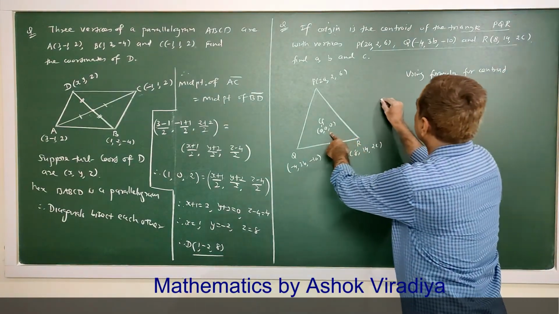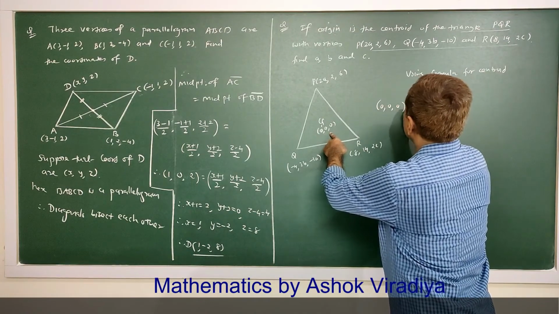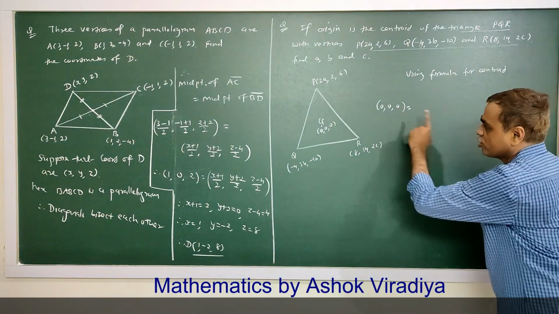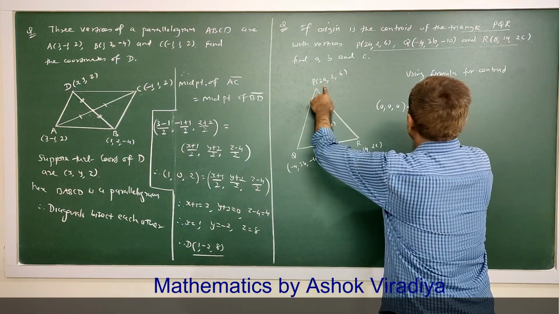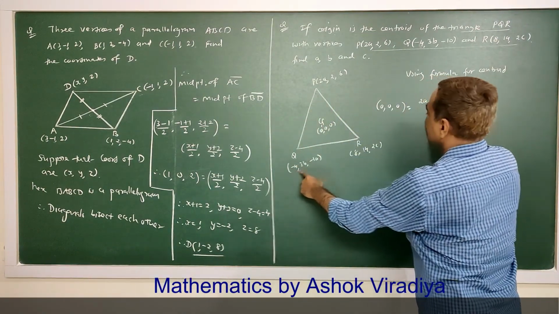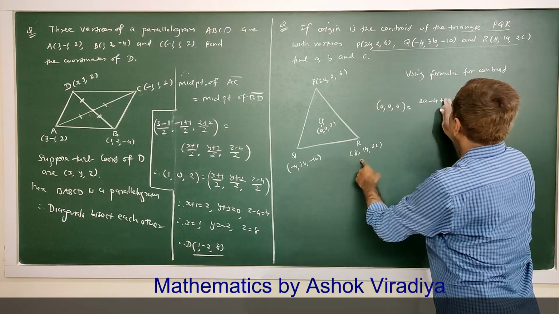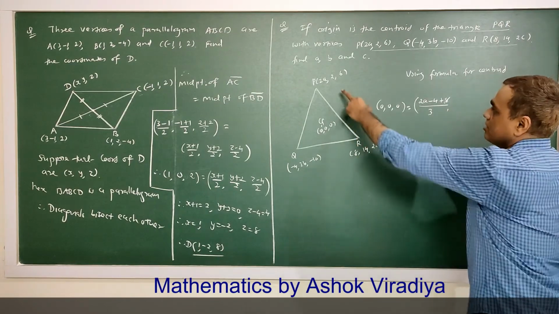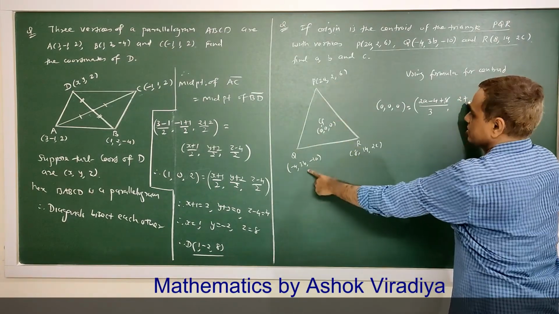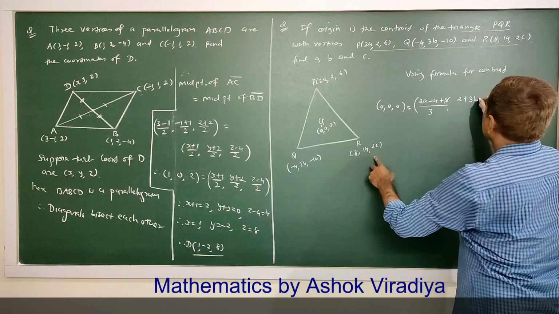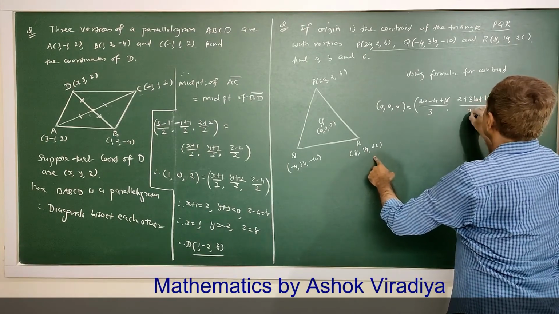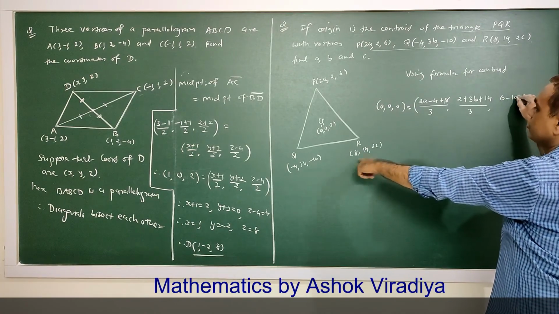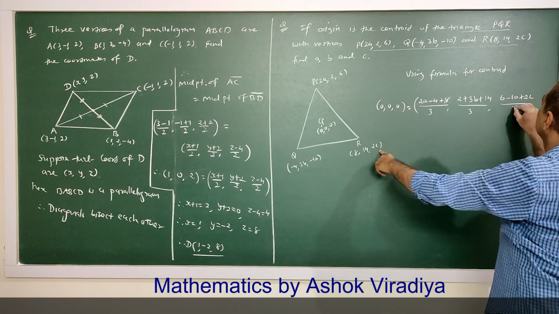coordinates of centroid of triangle is equal to x1 plus x2 plus x3 by 3, comma y1 plus y2 plus y3 by 3, comma z1 plus z2 plus z3 by 3.